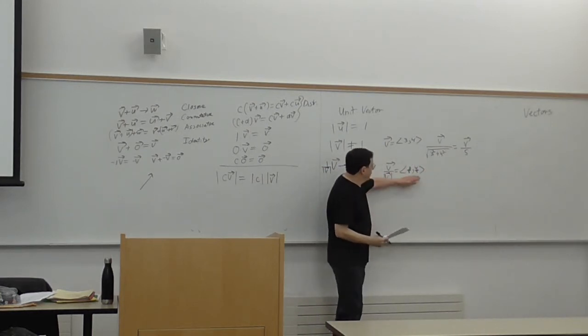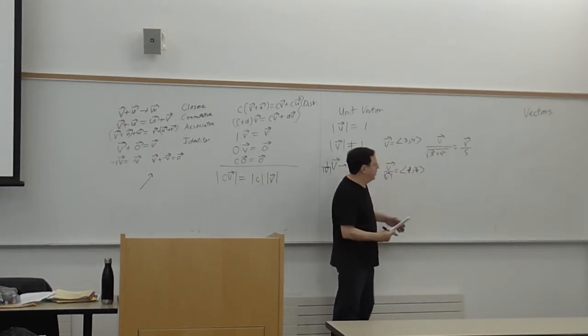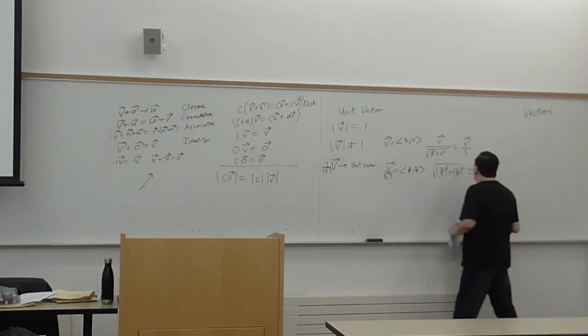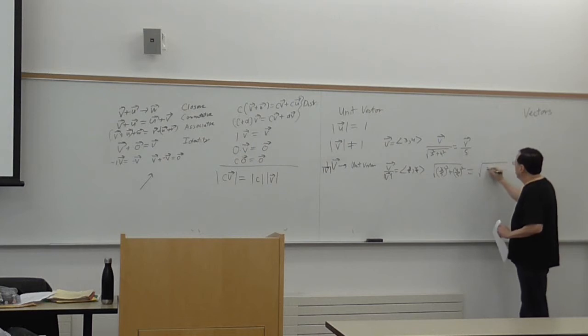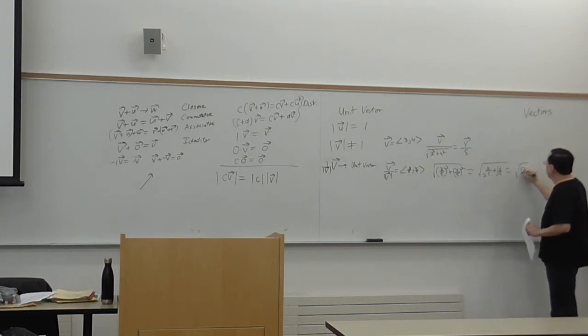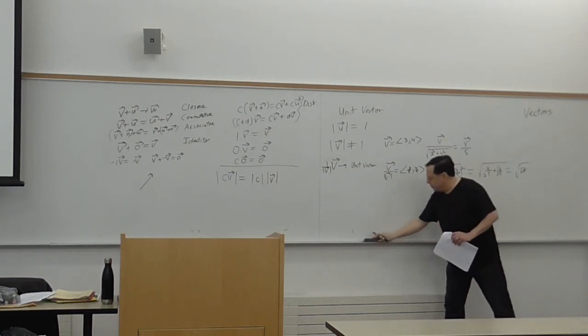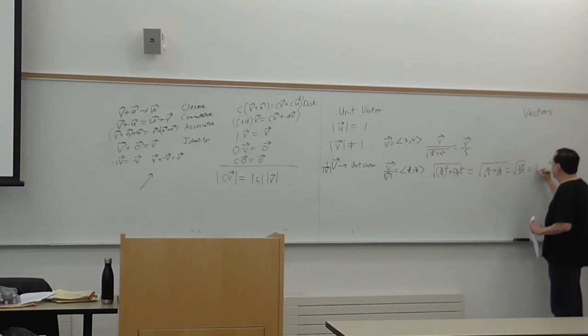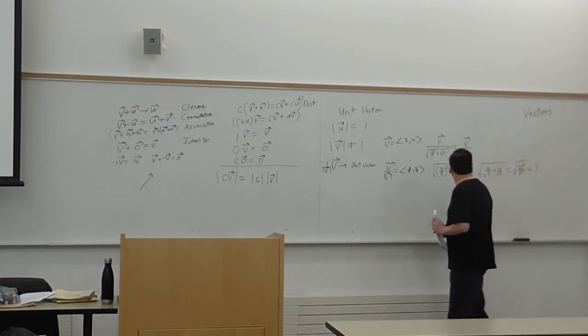And I claim this is a unit vector. Well, that's easy to check. What's the square root of 3/5 squared plus 4/5 squared? Well, that's the square root of 9 over 25 plus 16 over 25. That's the square root of 25 over 25, which is 1, so its norm is 1.